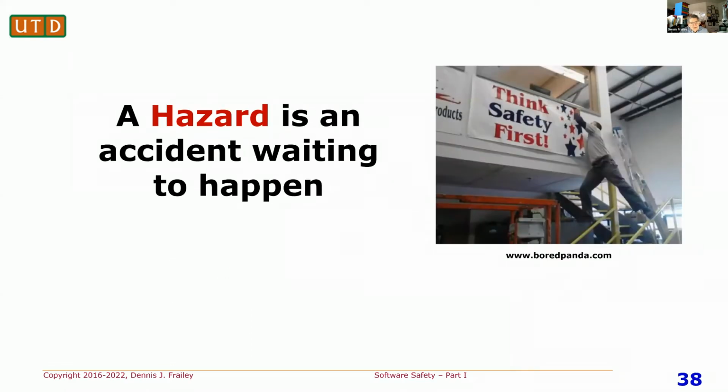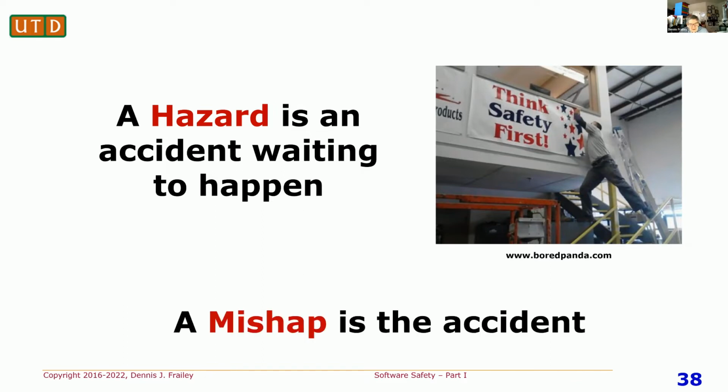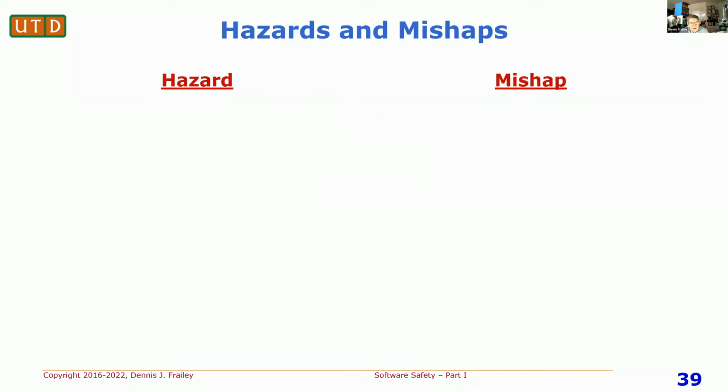Here's an example of a hazard. The guy is using an extremely dangerous technique to put up a safety poster, which is kind of weird. But anyway, the mishap is the actual accident. So let's review the difference between these two again. A parent leaves medicine on the counter. That's the hazard. It doesn't cause any problem. It's simply a potential for problem.